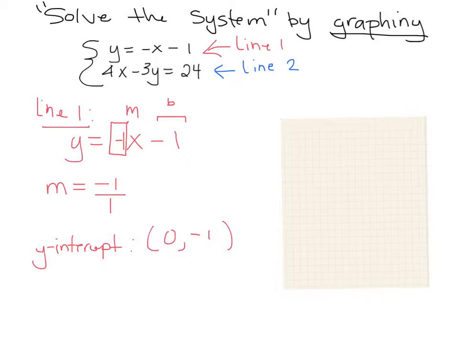So how you graph this is, let me make this a little bit bigger here. We're going to graph both lines on the Cartesian plane. So pretend I'm using a ruler, because you need to use a ruler, otherwise you will not find your point of intersection.